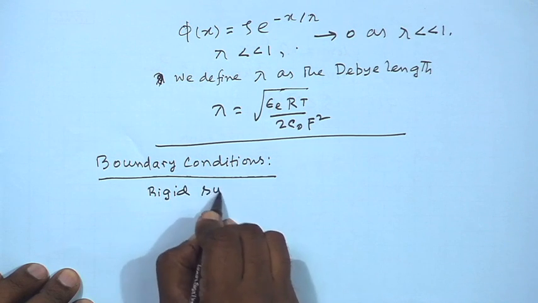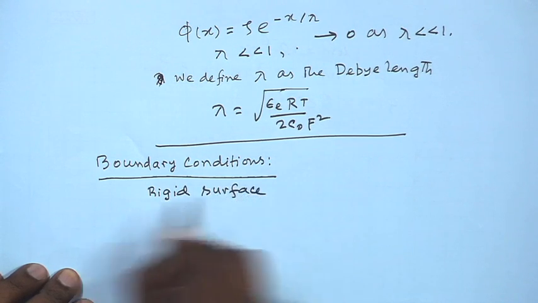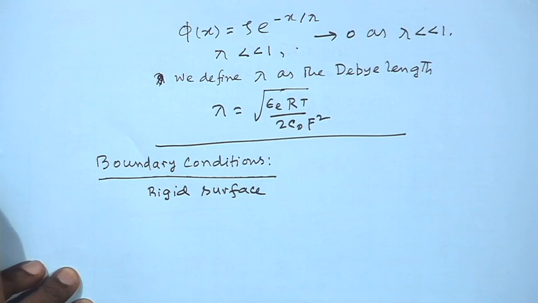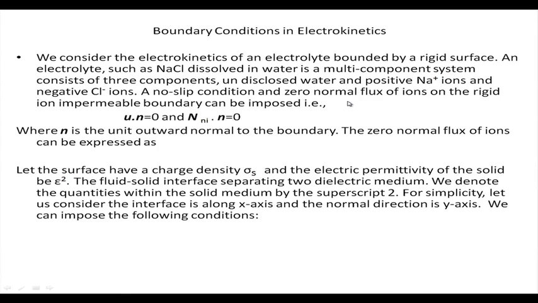So, that means what we have is no normal flux of the ion across the surface and the velocity across the surface is 0. Here n is denoting the unit outward normal to the boundary.